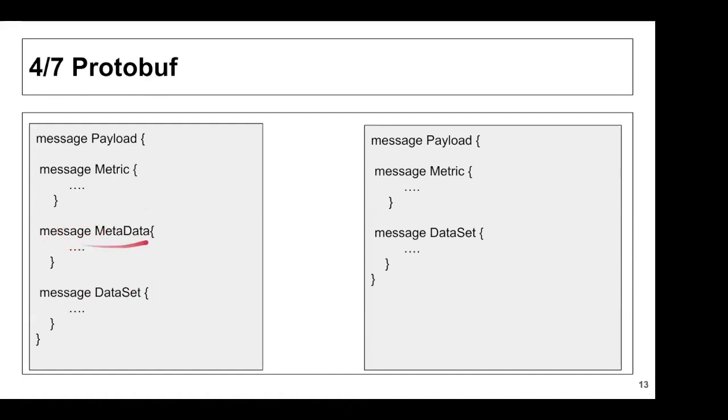I can simply discard it, and just compile for metric and dataset, and it will work fine. In some cases, when there are several teams working on the same project and they want some specific part of the message, they are able to do that.